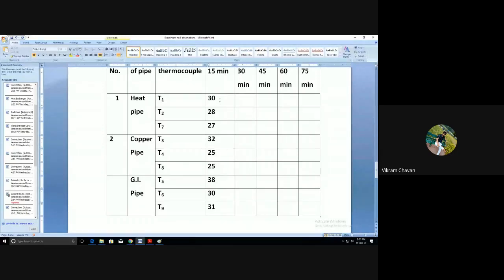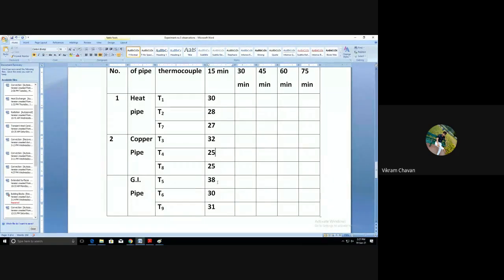Take the difference of the bottom side temperature and the top side temperature. The temperature difference is very small in the case of a heat pipe. You can see that 30 minus 28 is only a 2 degrees Celsius temperature difference. Whereas in the case of a copper pipe, let us say the bottom side temperature is 32 degrees Celsius and the top side temperature is 25 degrees Celsius, so the temperature difference is 7 degrees Celsius.